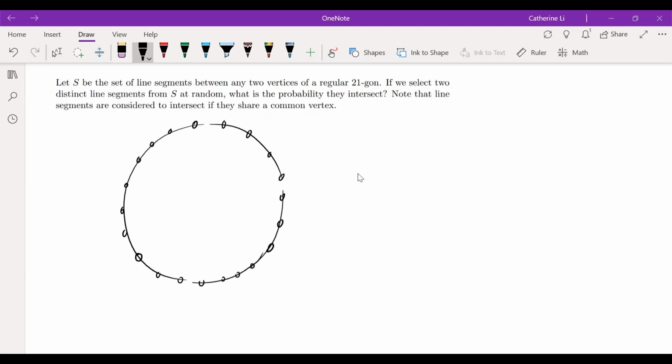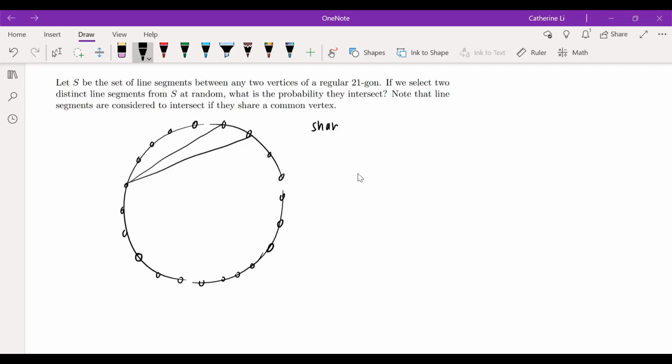Okay. And then we're looking at the set of every single line segment between two of these vertices. Well, one thing we know is that if the two segments share a vertex like this, then obviously they intersect.